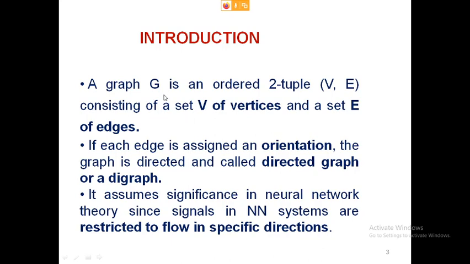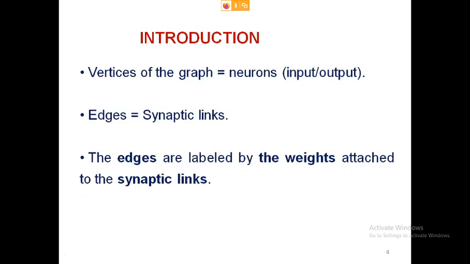A directed graph is an example to understand the ANN architectures. If you see here, the vertices of the graph are similar to the neurons in the ANN.